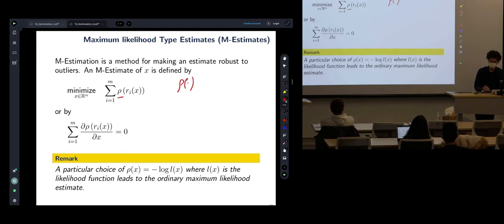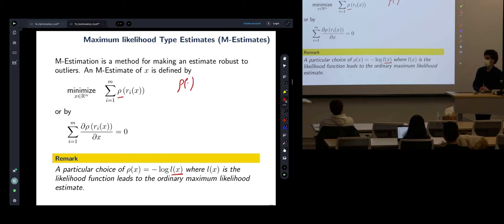In maximum likelihood estimation, if L is the objective function, and in the context of statistical estimation it is the likelihood function, if you take the negative log of that, that's called maximum likelihood. So that's a very special case of this method.